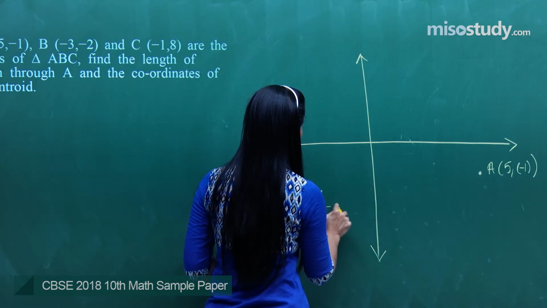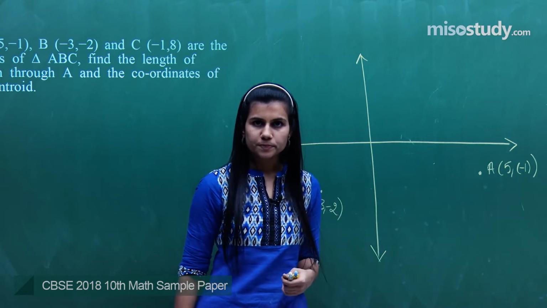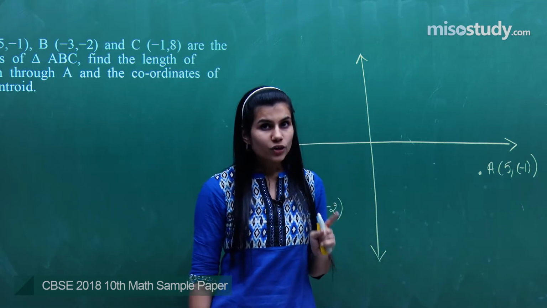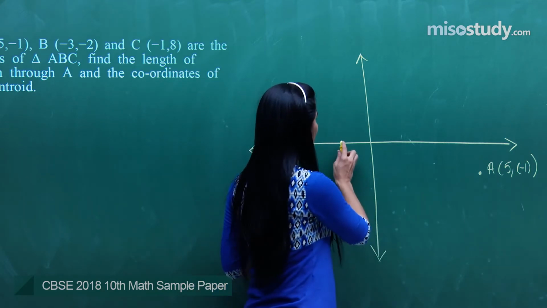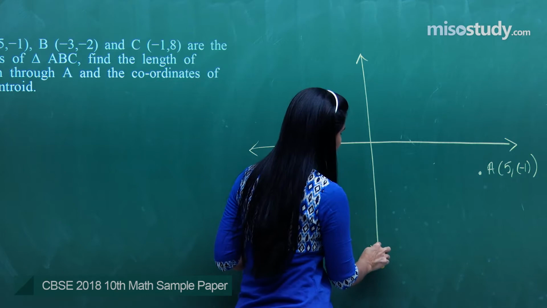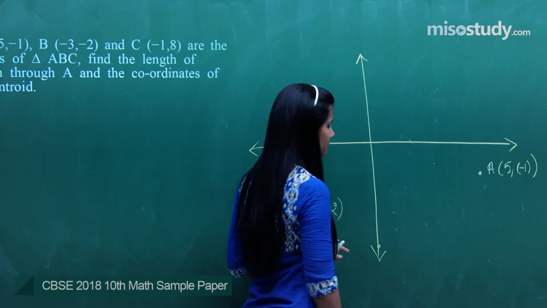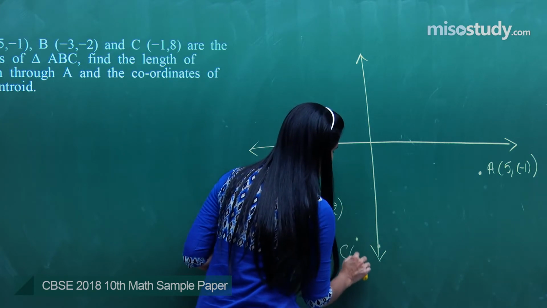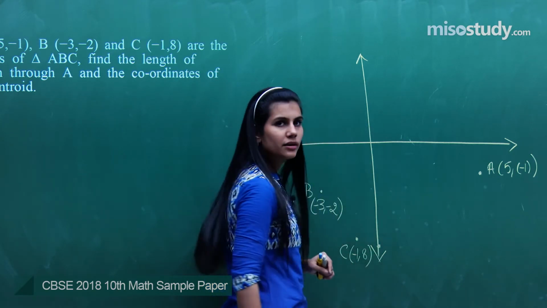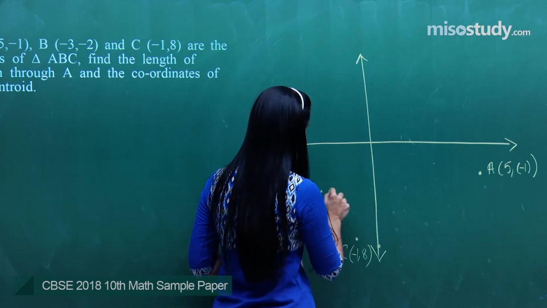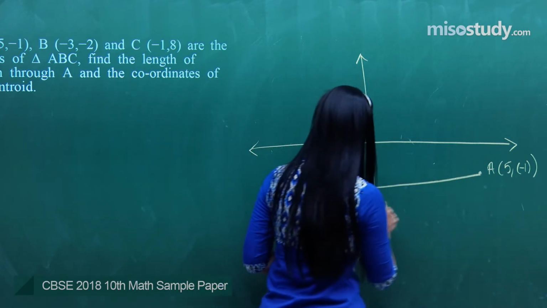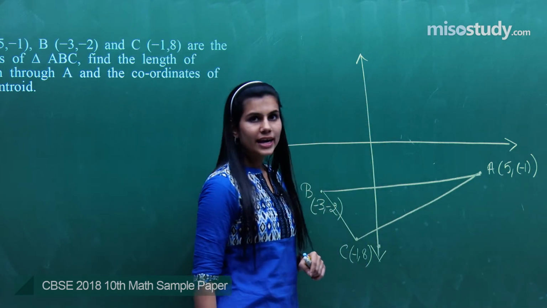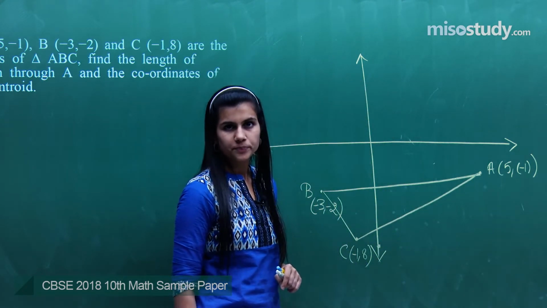So this is your point B. After this you have C to be minus 1 comma 8, which is somewhere here. So this is your point C, minus 1 comma 8. And when you adjoin them, such is the triangle that you are getting in the picture.